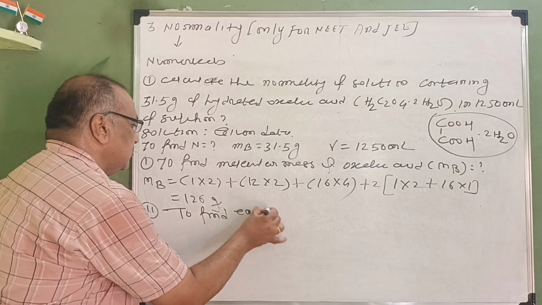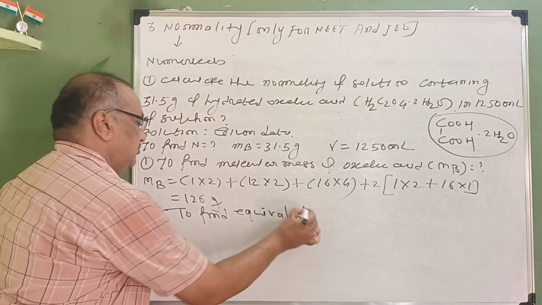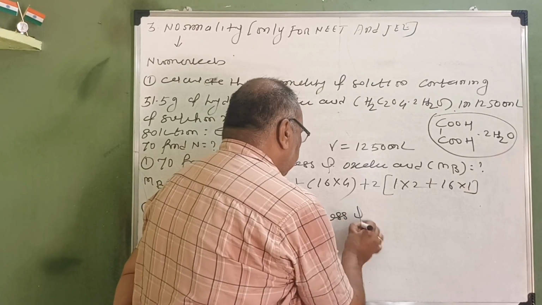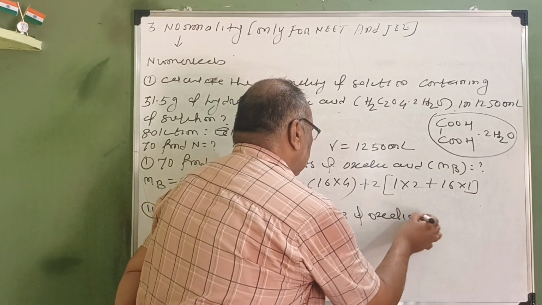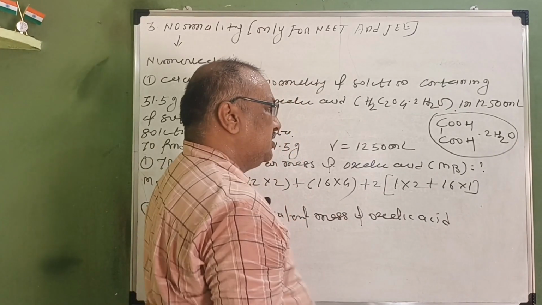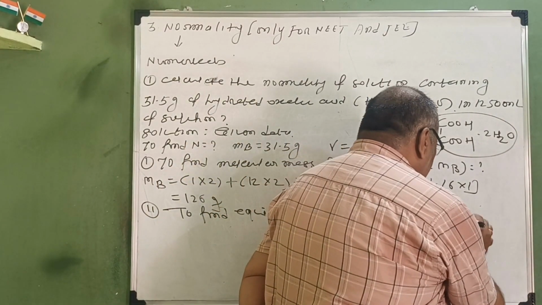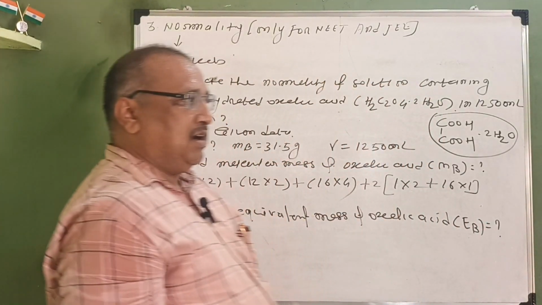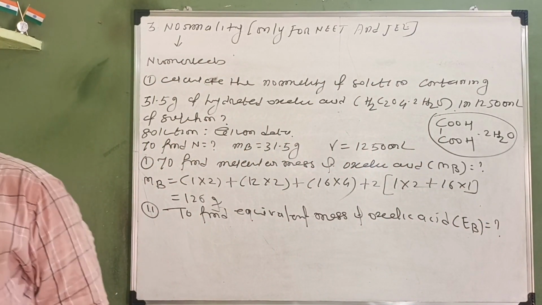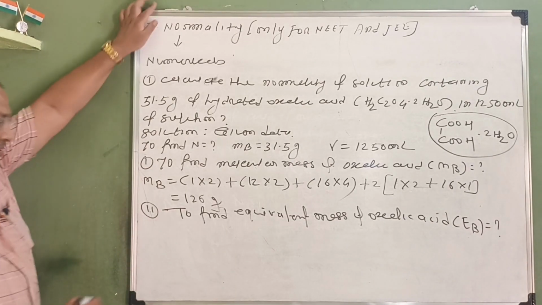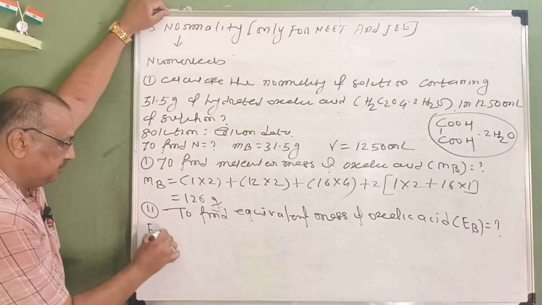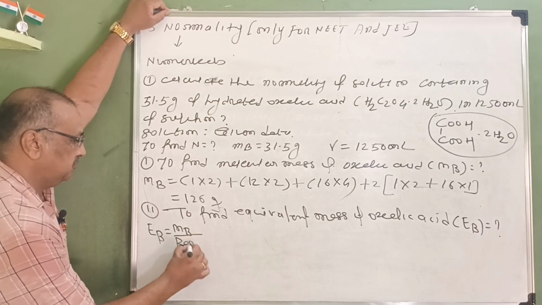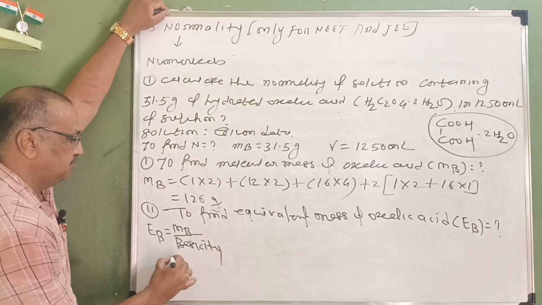Here second, to find equivalent mass of oxalic acid. That means here EB equal to question mark, that is here EB equal to MB upon basicity.